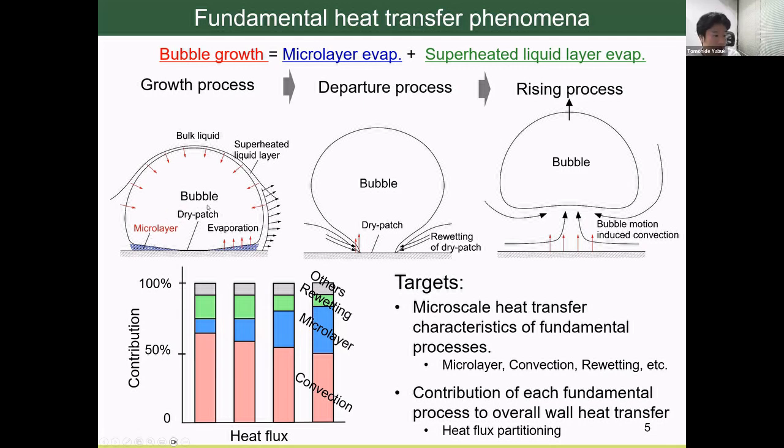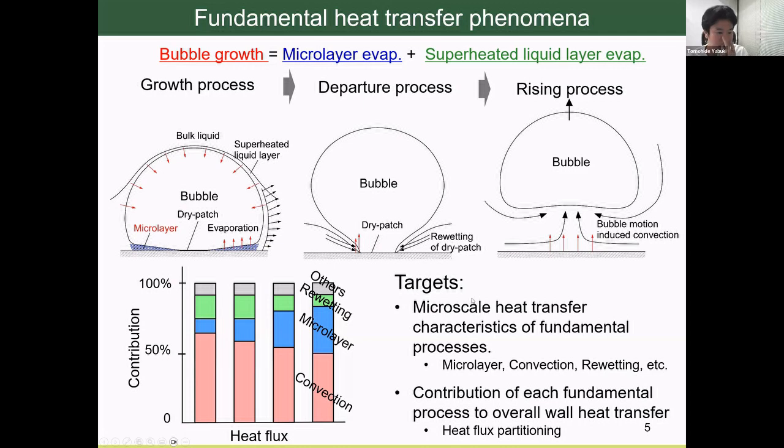The bubble grows by the evaporation of the microlayer and also the evaporation of the superheated liquid layer around the bubble. In the center part, a dry patch is formed due to the complete evaporation of the microlayer, and also the bubble motion induces convective heat transfer, forced convection, on the surface.